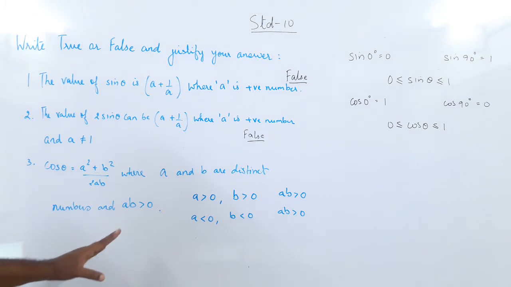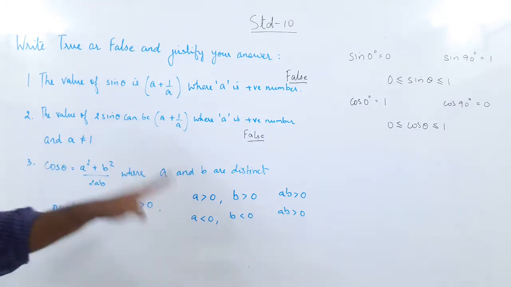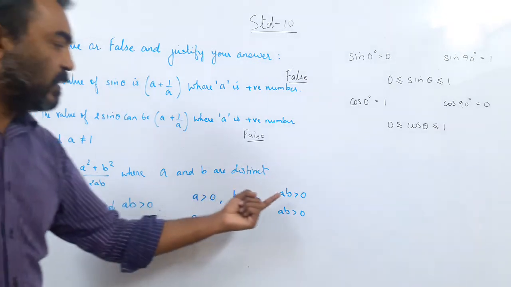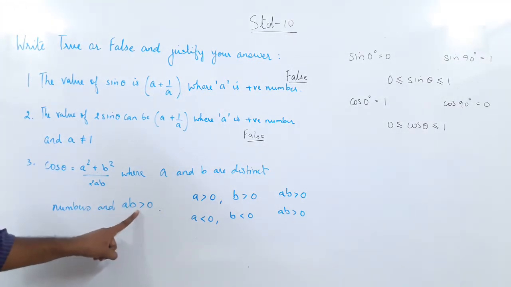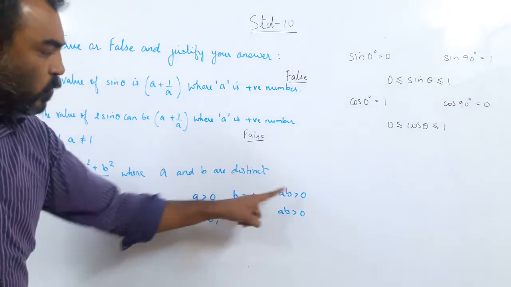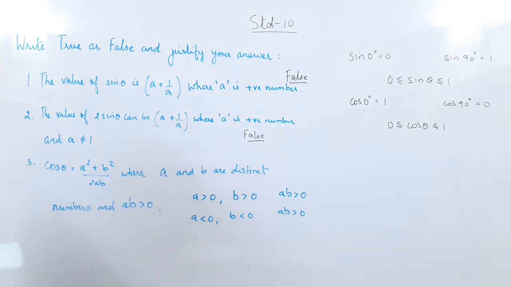It cannot be that a is positive and b is negative, or b is positive and a is negative, because if one of them is positive and one is negative, then ab will be less than 0. What they mentioned here is ab is greater than 0, ab is positive. So ab can only be positive when a and b are both positive or both negative. These two cases are possible.